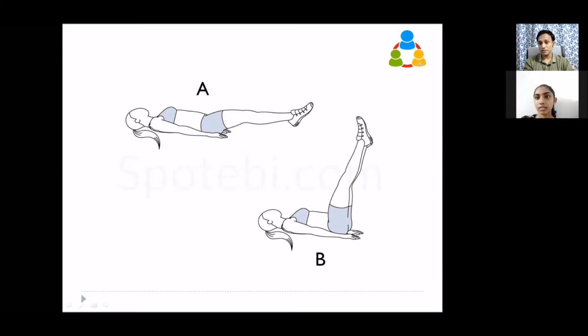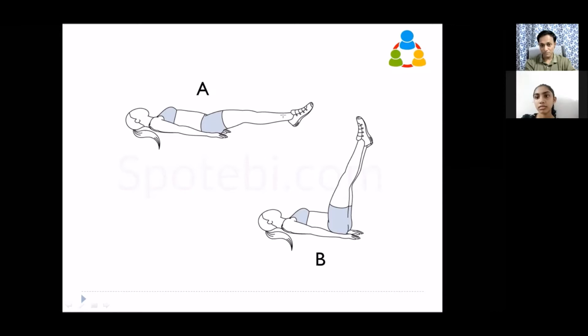What was the conclusion? Yeah, why was it tougher? The center of gravity is not supported. In A, the center of gravity is not supported. Now with this leg here, the center of gravity is supported.